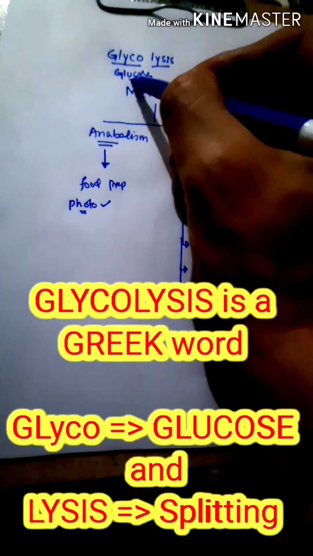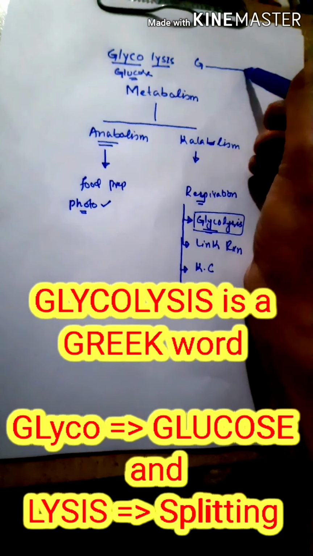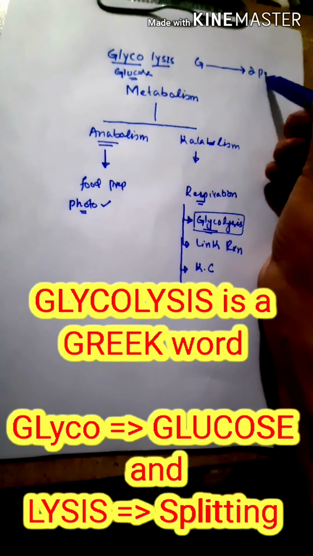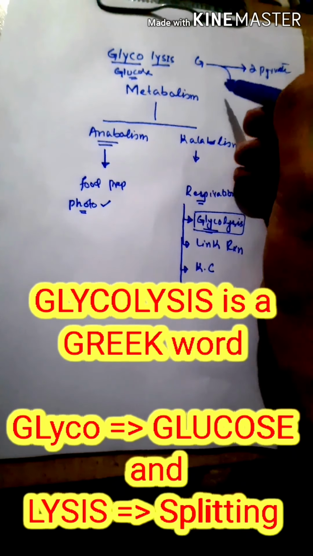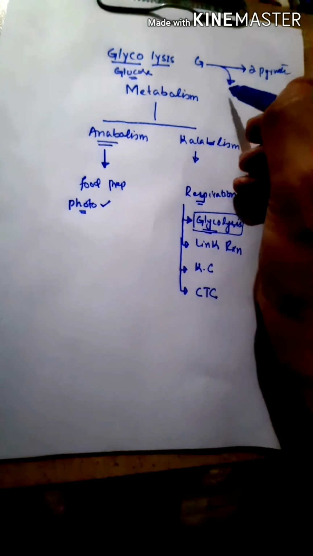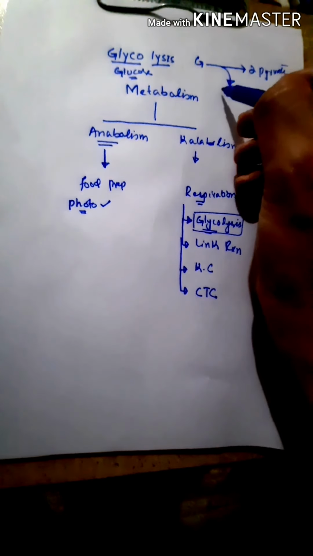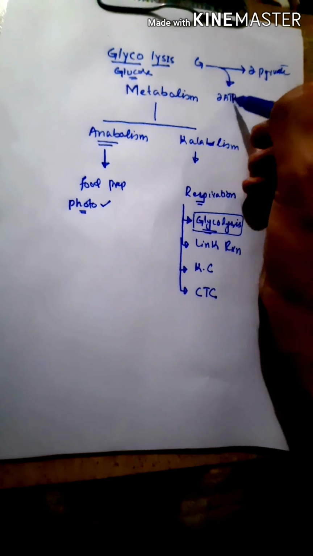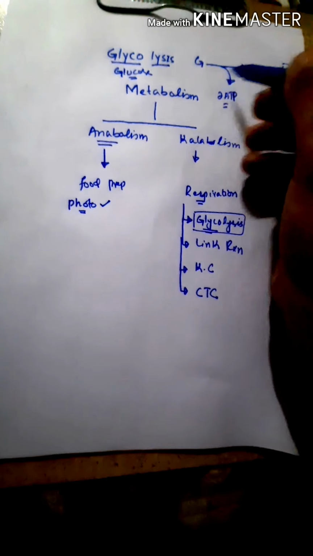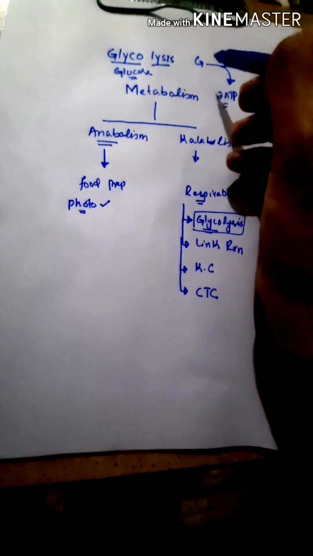So the breakdown of glucose into two pyruvate molecules to release a small amount of energy in the presence of enzymes is known as glycolysis.